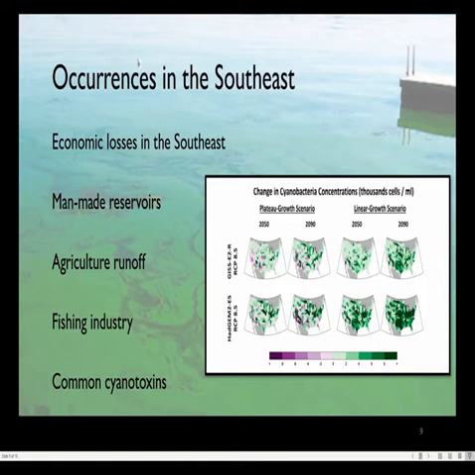And this paper where I pulled this figure from says that the southeast is going to be hit hardest from economic losses with CHABs.